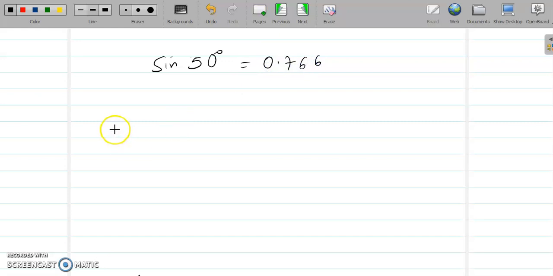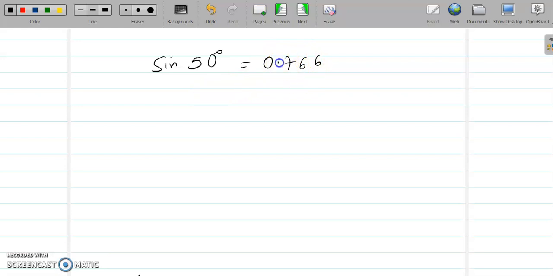Now we may ask in the other way around, what is the angle that has this sine?